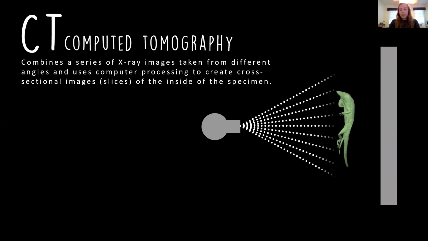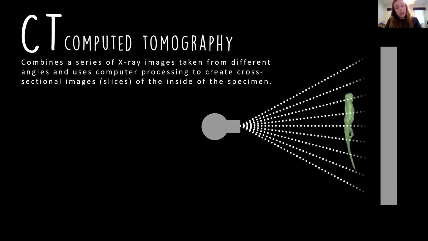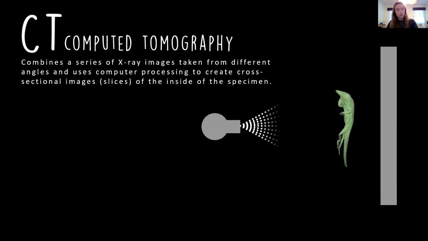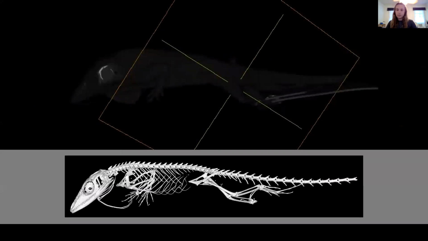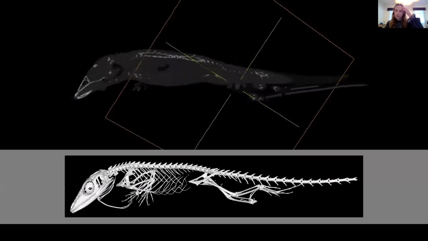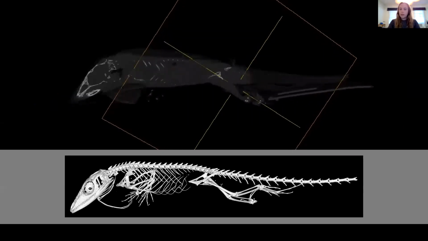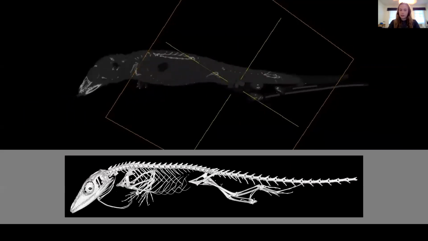And a CT scan is basically a series of X-ray images of a specimen that are all taken from different angles. And we can take these images and use computer processing to create cross-sectional slices of the specimen. And we end up with a data set like this. So with the help of X-rays, we have imaged the skeleton of our green anole and rendered it in 3D.